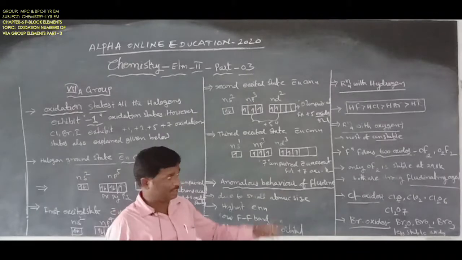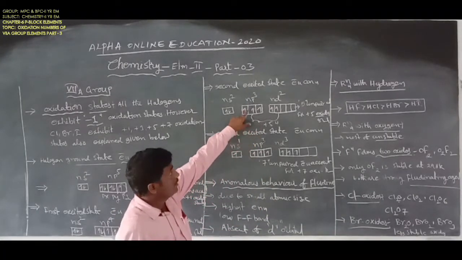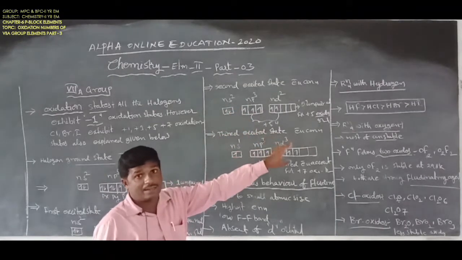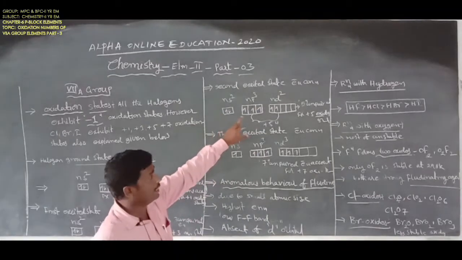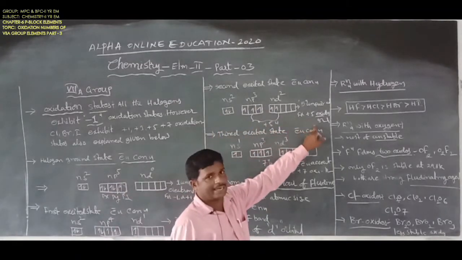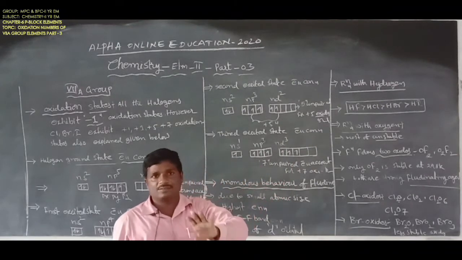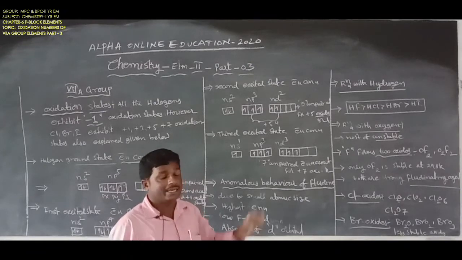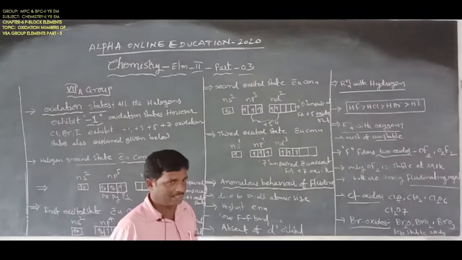So those elements have the +5 oxidation state due to the presence of 5 unpaired, or lone pair, electrons.